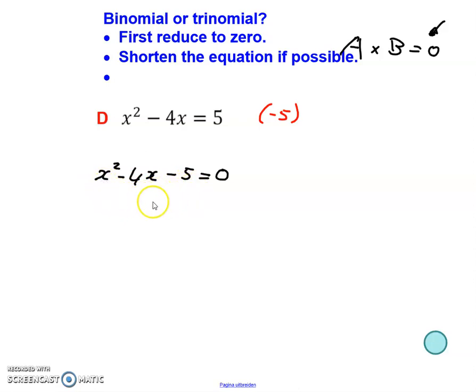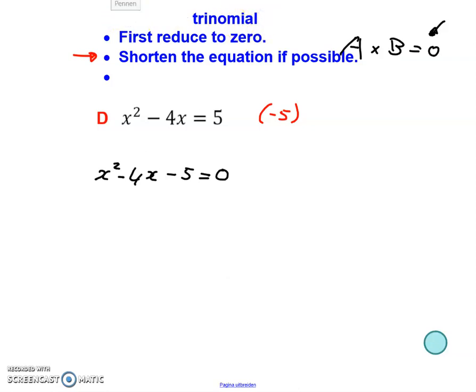But always take a good look first if you can shorten. Do not forget this step. It's not in the book, but it's really important. Now we see we cannot shorten this. You can answer the question, do we have a binomial or a trinomial? This is a trinomial.